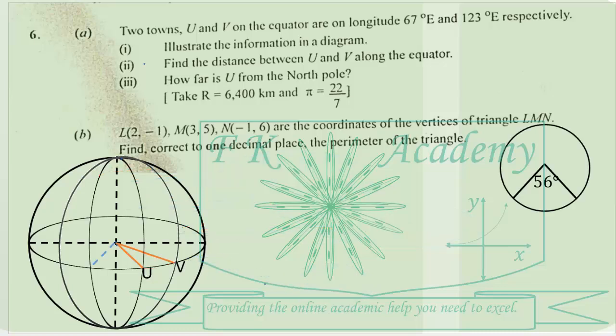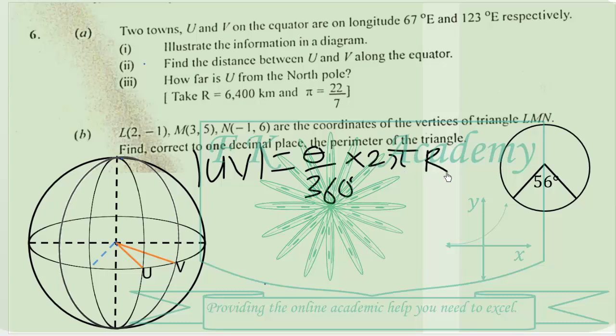Recall that the length of an arc formula is what will give us the distance from U to V, and that is given by theta over 360 times 2 pi r. The r is the distance from the center of the sphere to V, or the distance from the center to U.